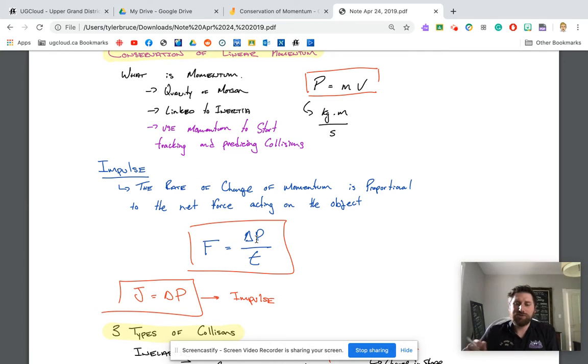So the momentum change, which is the impulse, when your momentum goes from some value to zero, you want to maximize the time it takes to change momentum.